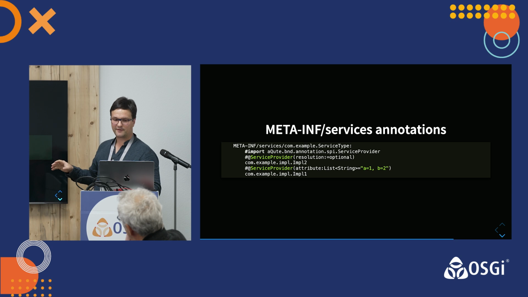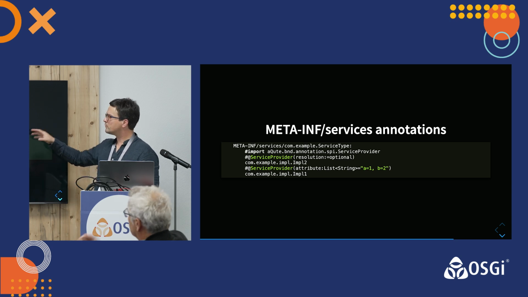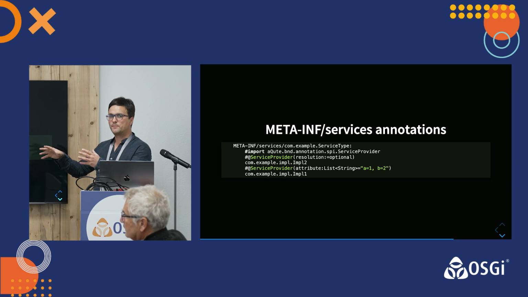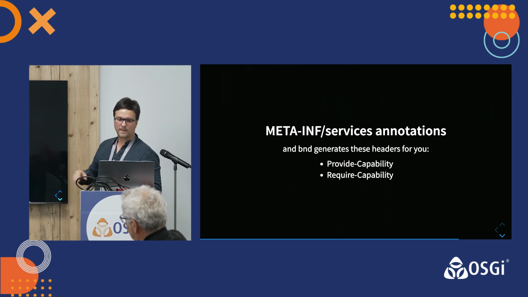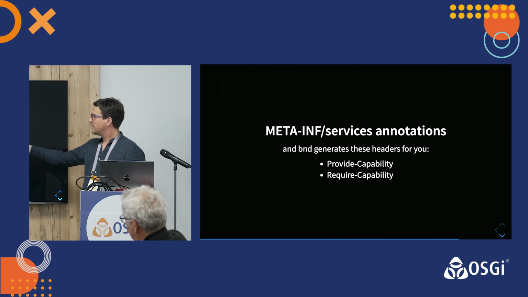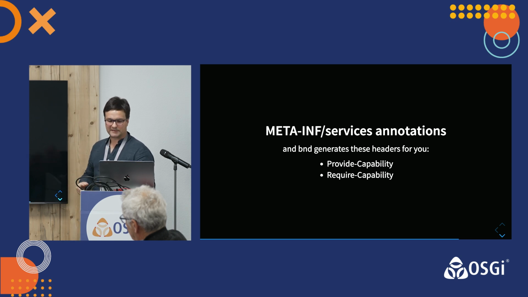You will do this if you don't want to have a hard dependency on BND annotations, but you still want to provide this metadata. Why? So that BND can generate the provide and require capability headers in your manifest.